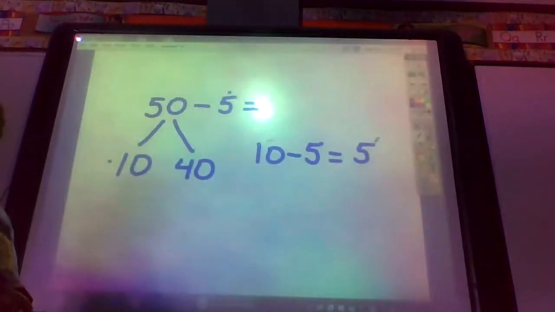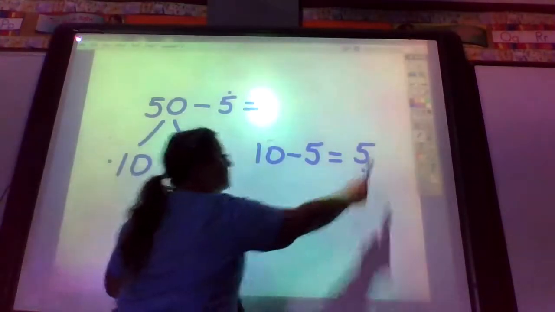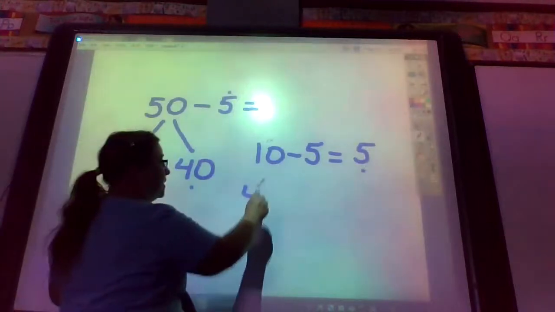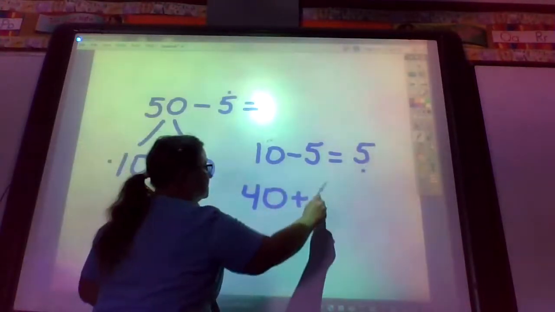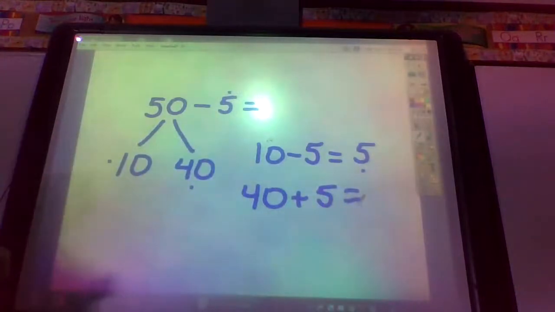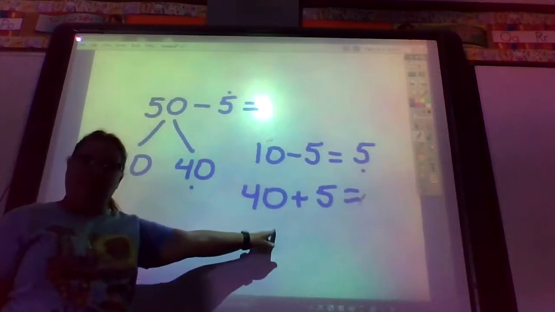Now I'm ready to add. When I add, I take this number and I take the answer and I add them together. 40 plus 5. Here we go. I just heard somebody say it. It's a slide number. I have a 0 here.